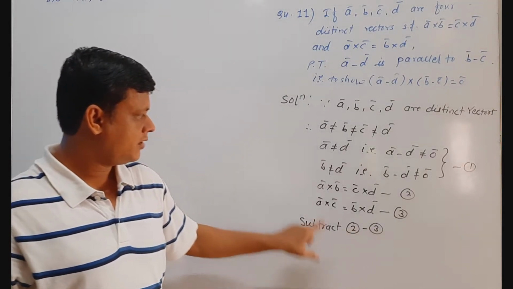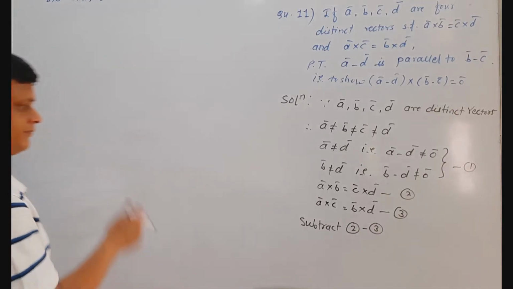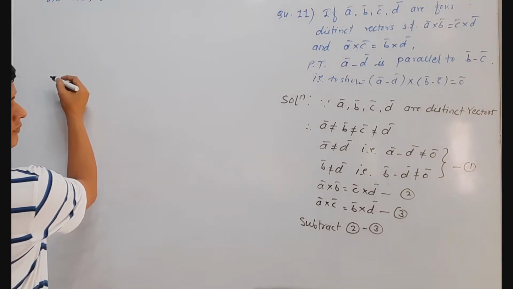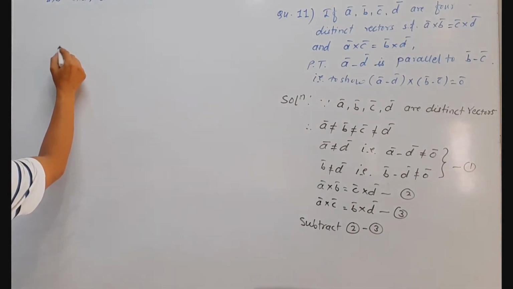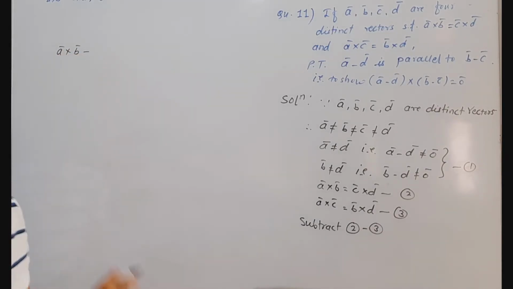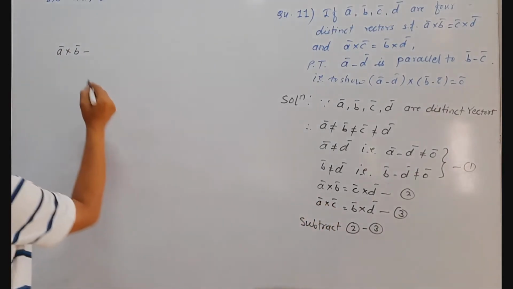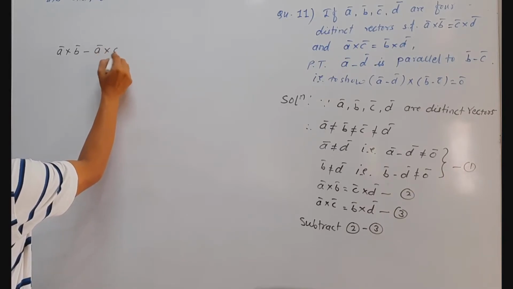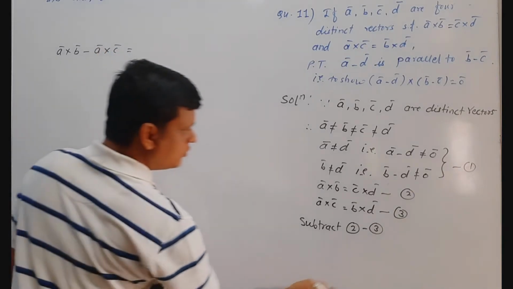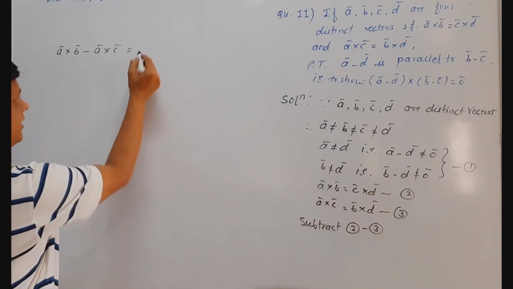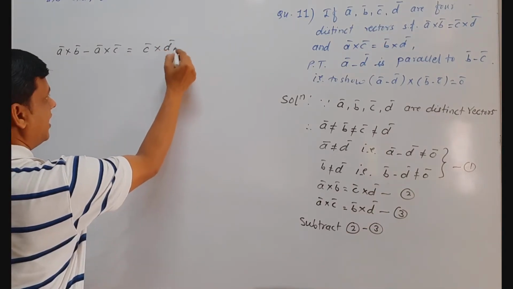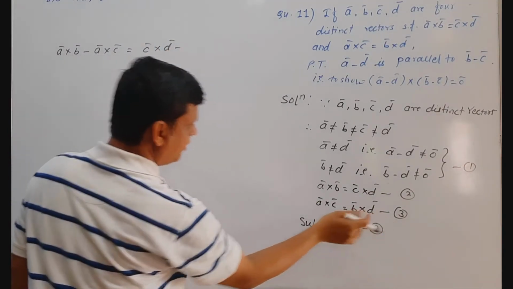So we write this as a bar cross b bar minus a bar cross c bar equals c bar cross d bar minus b bar cross d bar.